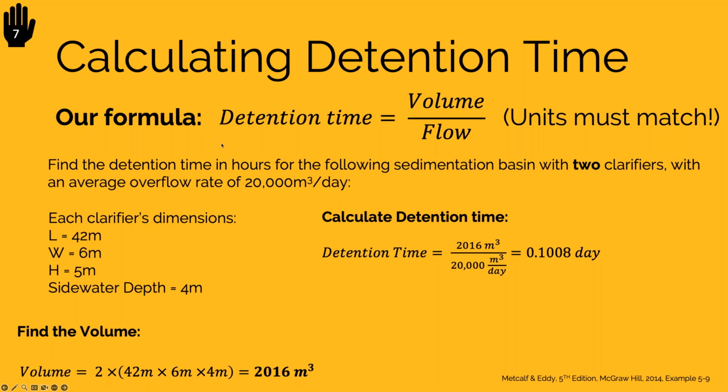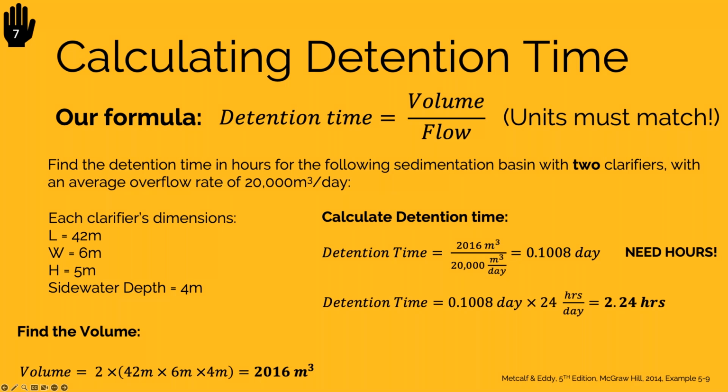So you have to do one more conversion. We know there are 24 hours in a day. If we multiply that 0.1008 days times 24 hours in a day, the days cancel out and we get our 2.24 hours. And again, we check our units to make sure we got where we want to be.